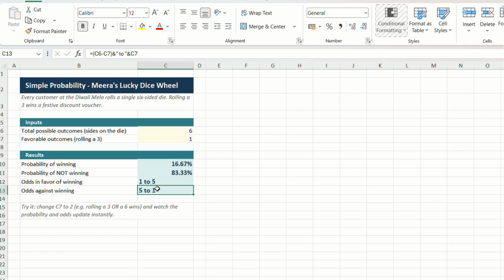And if we change C7 to 2, then our values change, the probability of winning changes, and the odds also change. Odds in favor of winning 2 to 4, odds against winning 4 to 2.